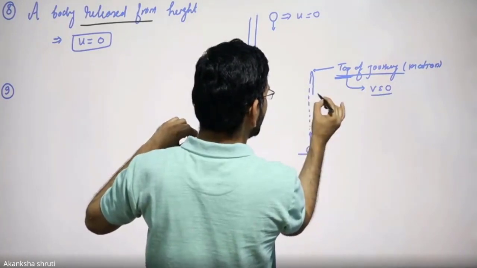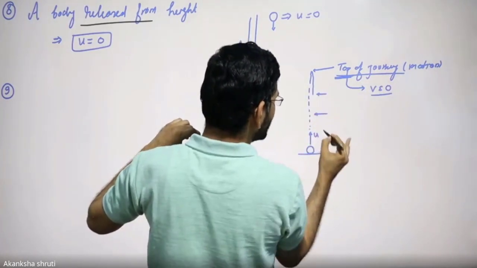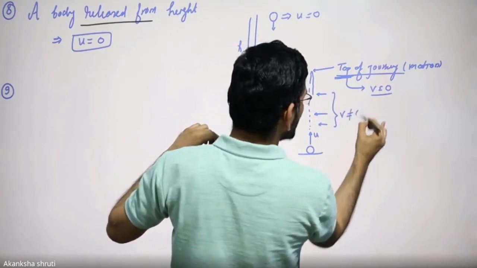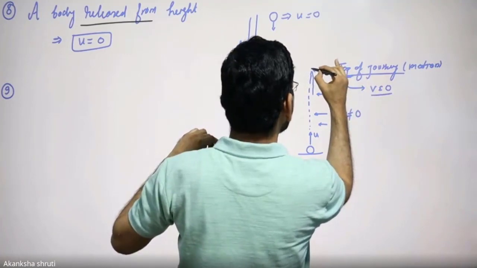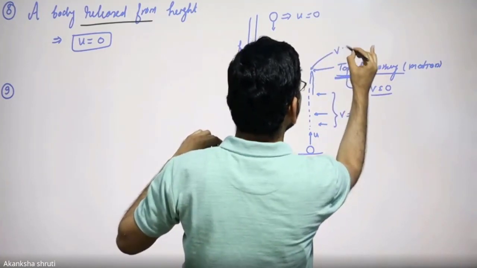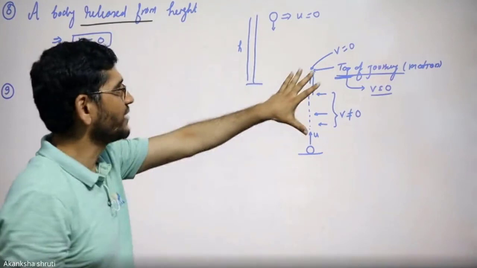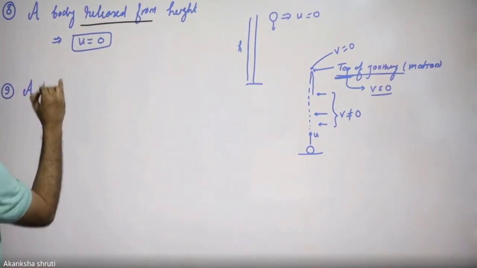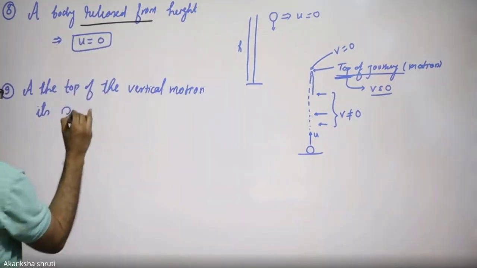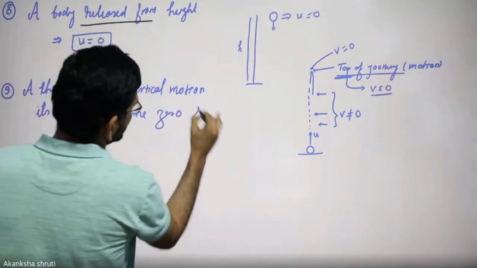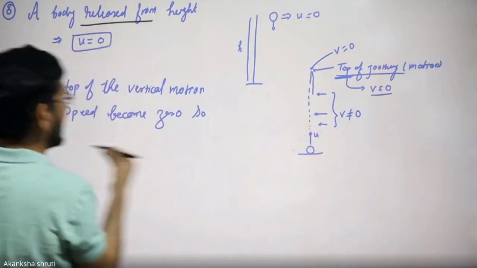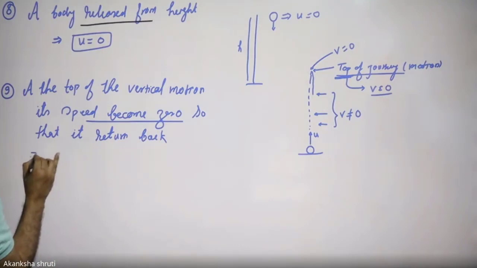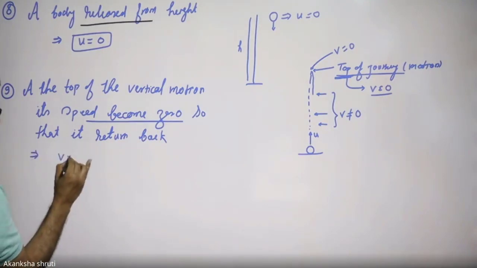At an intermediate point v is not equal to 0, but just at this moment, at the top, the v value becomes 0. Very important thing. At the top of the vertical motion, its speed becomes 0 so that it returns back.